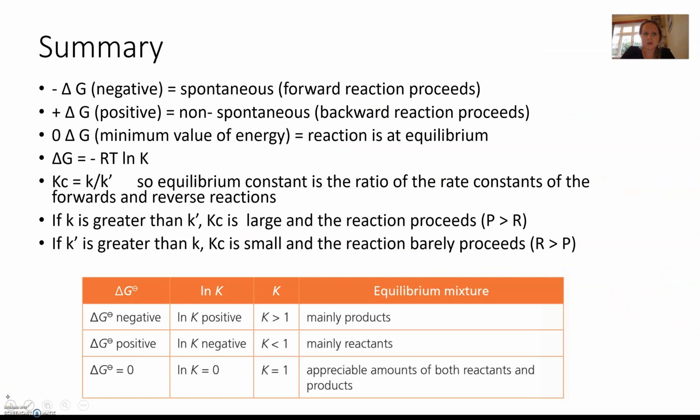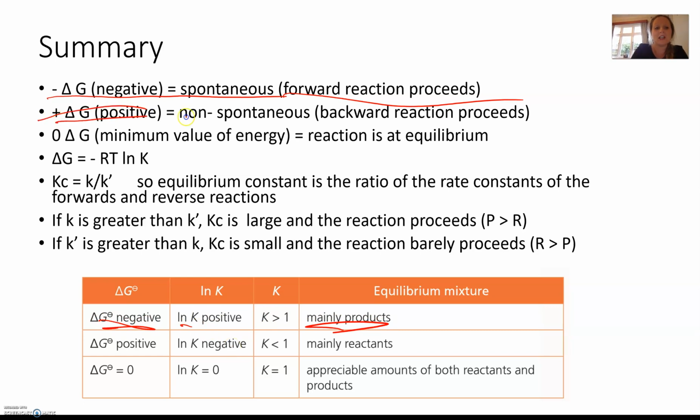Kids get stressed out about the Gibbs free energy stuff, and actually everything can be explained in this one part here. First of all, we know previously that a negative G means spontaneous, and now we can link that into the forward reaction proceeds. So a negative G means mostly products.